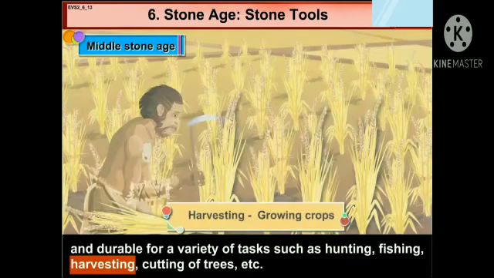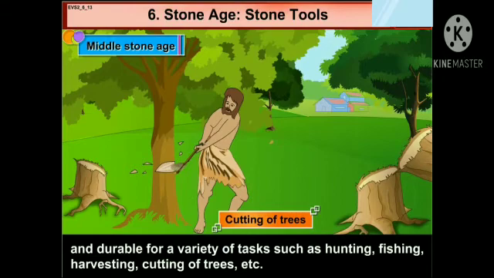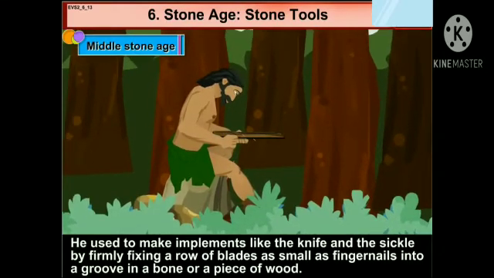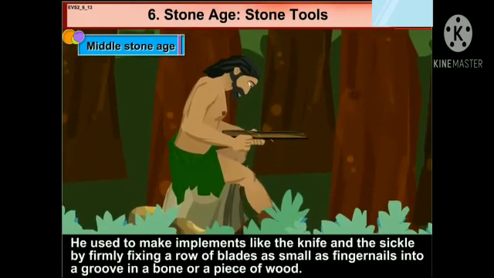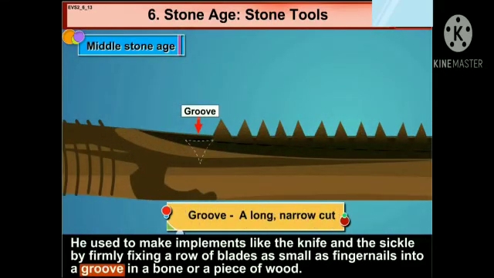Harvesting means growing crops. Cutting of trees, etc. He used to make implements like the knife and the sickle by firmly fixing a row of blades as small as fingernails into a groove, a long narrow cut, in a bone or a piece of wood.